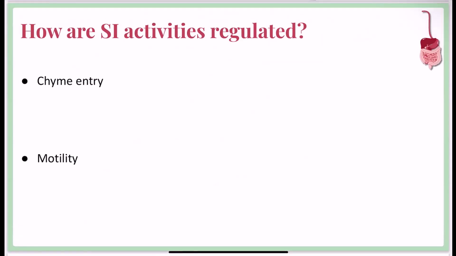But how does that get regulated? The first layer is by regulating the entry of chyme into the small intestine. And that's important because chyme is usually what's called hypertonic, which just means that there's lots of solutes in there. So I'll write this down. Chyme is hypertonic, which means that there's lots of solutes in chyme.